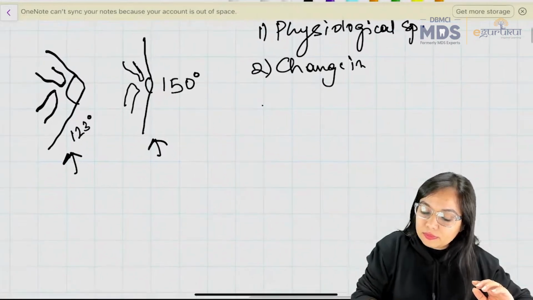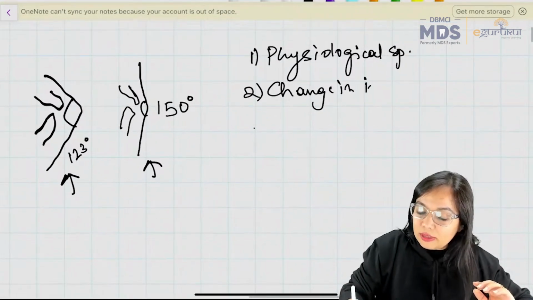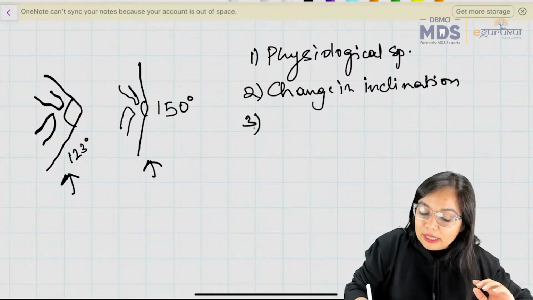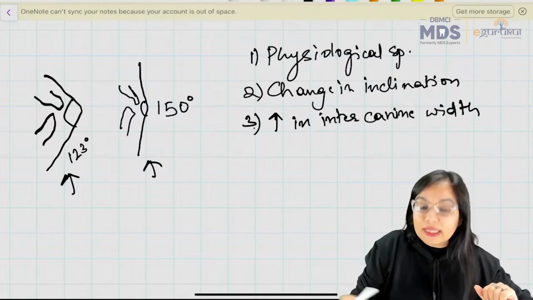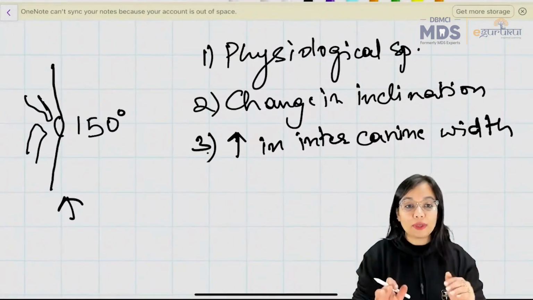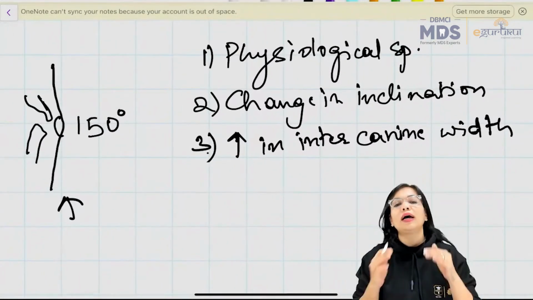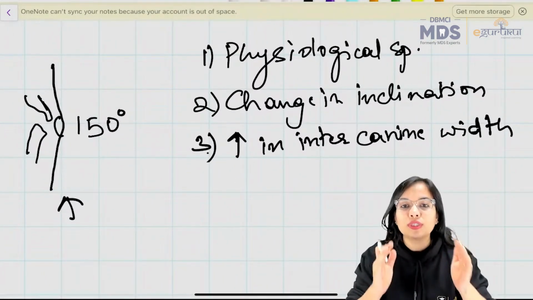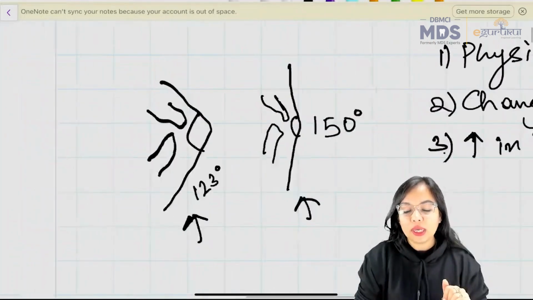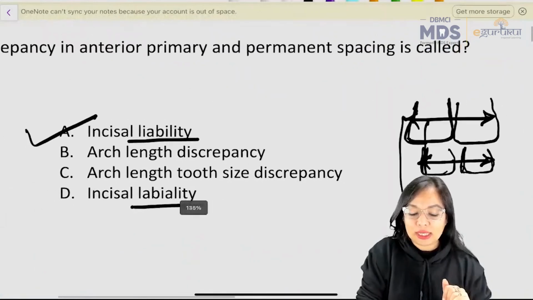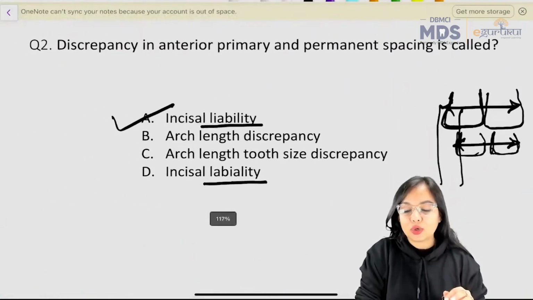And three, there will be an increase in intercanine width. So these three things will happen, and they will help in accommodation of the huge size of the permanent incisors in place of the small size of the primary incisors. So that is how incisal liability is coped up.